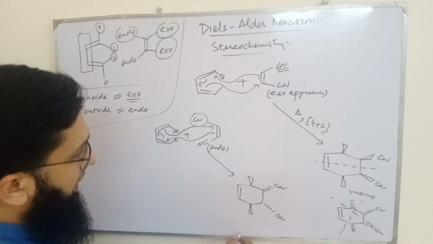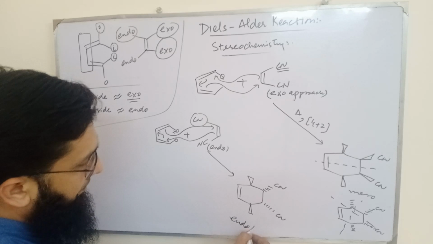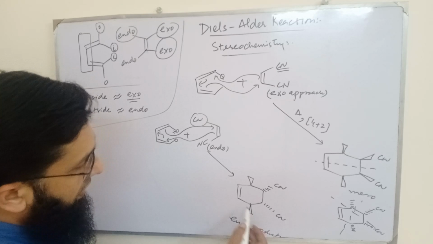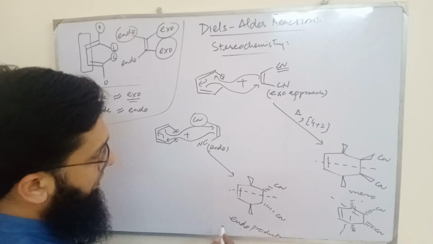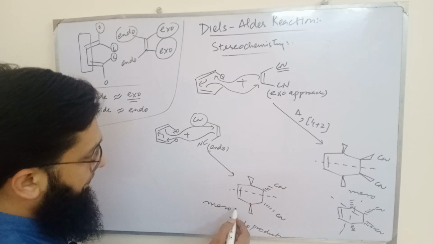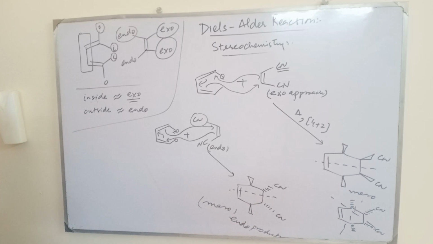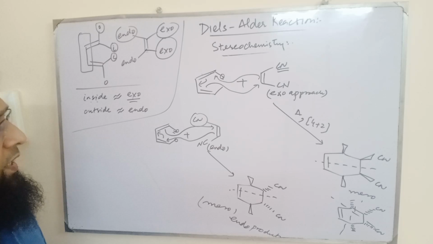So we will get this endo product, and again we have a plane of symmetry here, so this is meso. I hope the stereochemistry of the substituents on both the diene and dienophile is now clear to you.